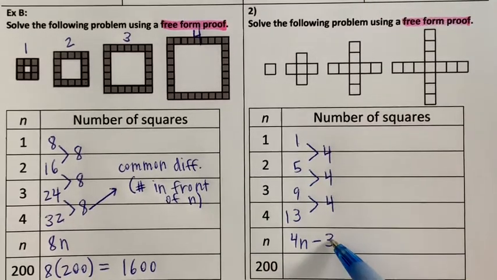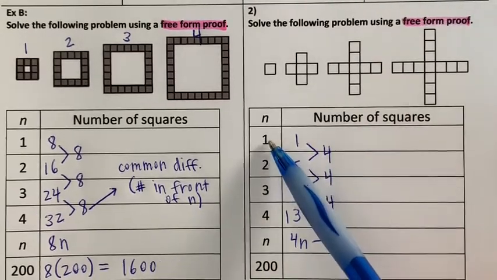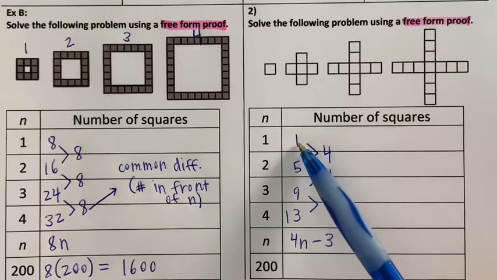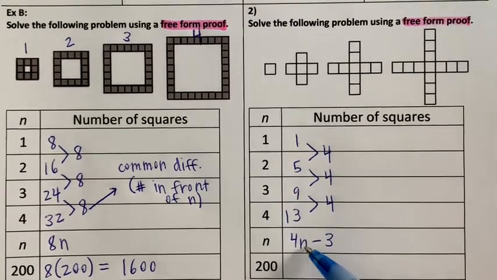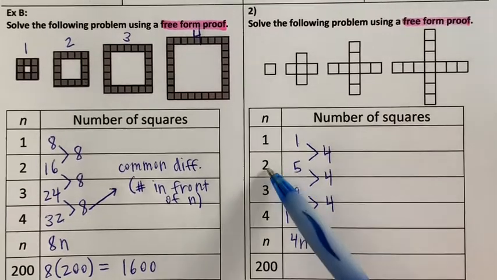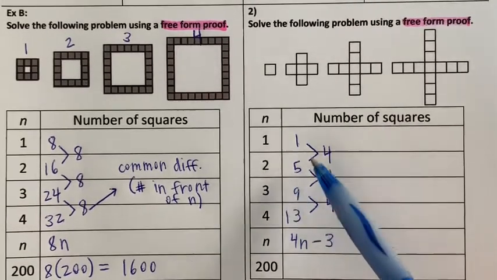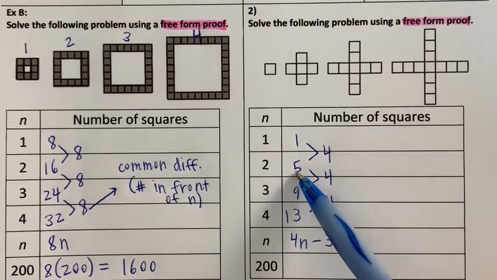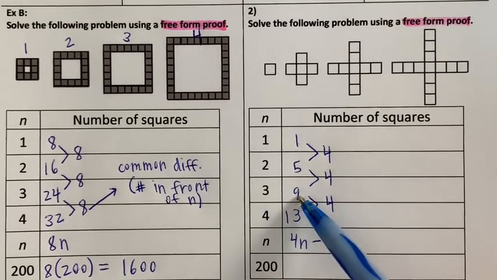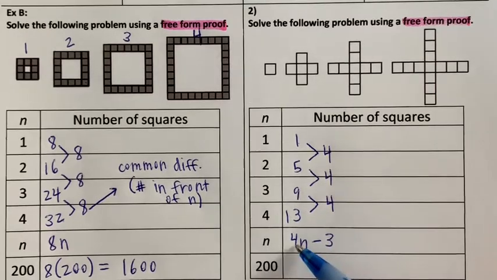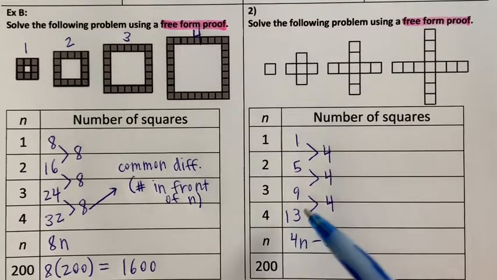So by adding the -3, 4 times 1 is 4, -3 gives me 1. When I look at n equals 2, or I'm plugging 2 in for n, 4 times 2 is 8, -3 gives me 5. 4 times 3 is 12, -3 gives me 9. 4 times 4 is 16, -3 gives me 13.